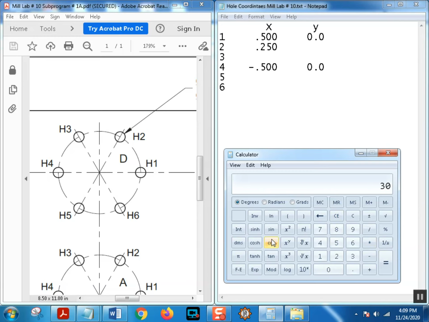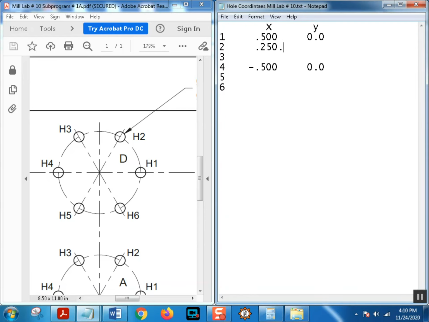We're going to use the cosine of 30 degrees, which is that right there, drawn out to incredible amounts, and multiply it again by the radius, which is again 0.5. So times 0.5 equals. So that's how far I've got to go up. So that's my Y value, 0.433. So I'm going to put 0.433 here, put my insertion point here, and just tab this over there to make it look good. Hit Control S.